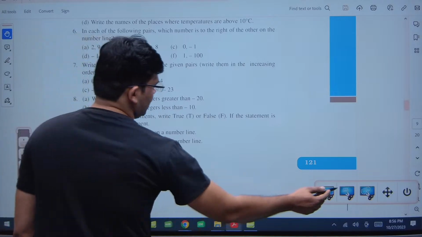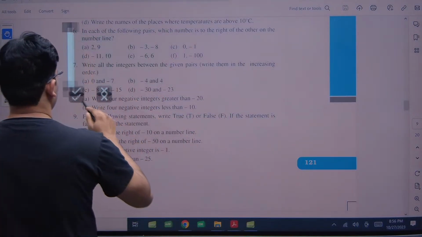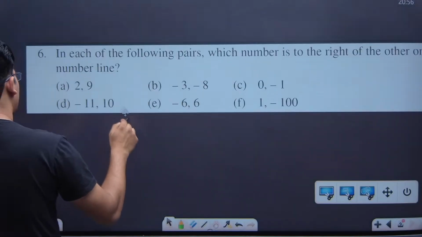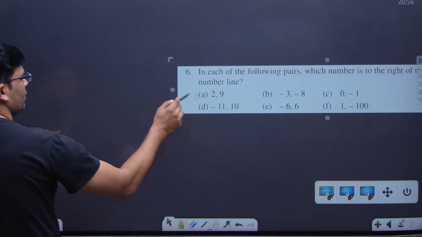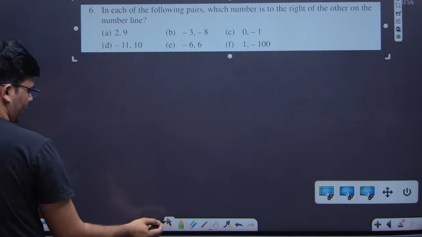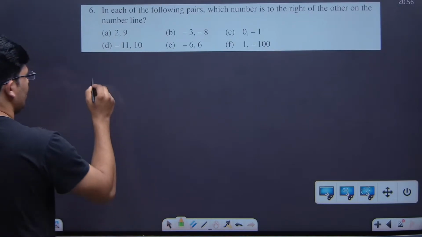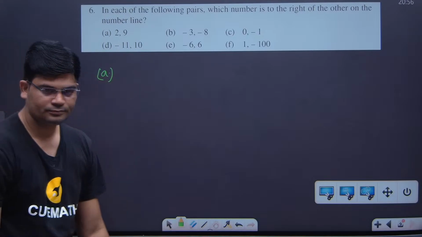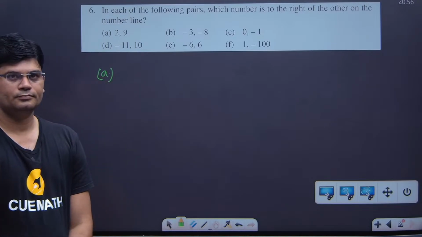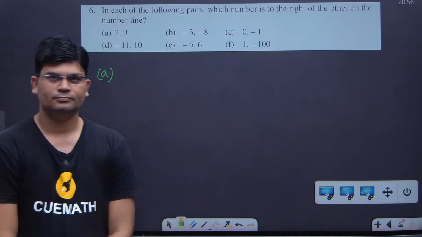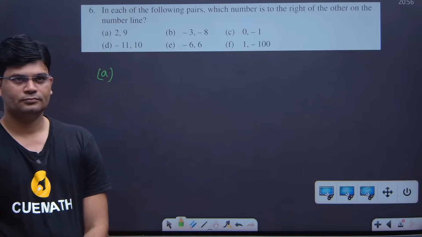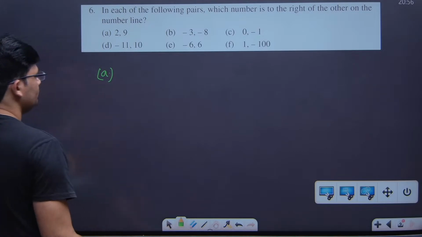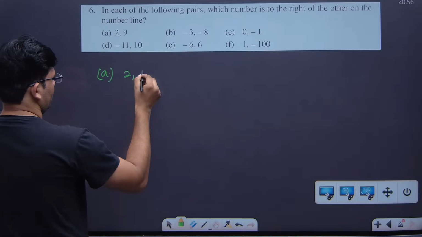Then here comes another type of question. You have to be very careful in answering the question. I want you to read the question yourself and start from doing A. And you have to say yes or no. Read the question. Okay, understood. A, yes.